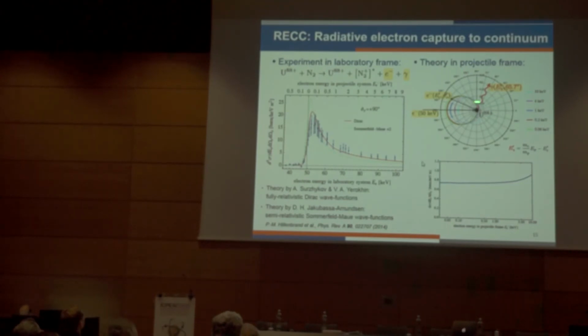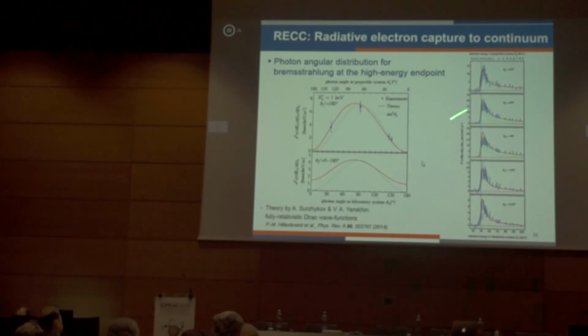And then, since this is a triple differential cross-section, we have different photon angles, and we had 5 X-ray detectors, so we could measure the distribution of the electrons for 5 different X-ray angles, and then determine the photon angular distribution for a given electron energy.